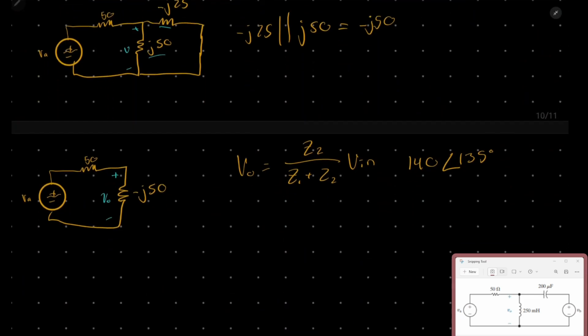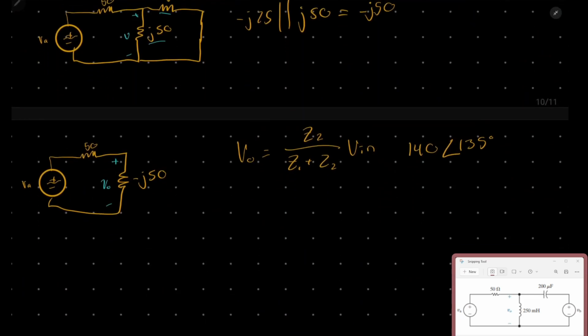Okay, so now we can plug everything in. Our Z2 is going to be negative J50 over 50 minus, because there's a negative here and we're adding, we'll just put the negative in there, 50 times 140.